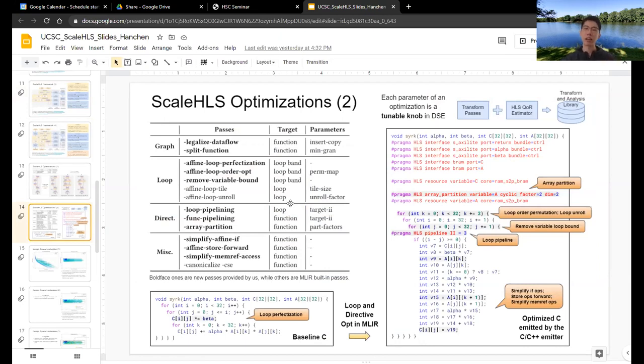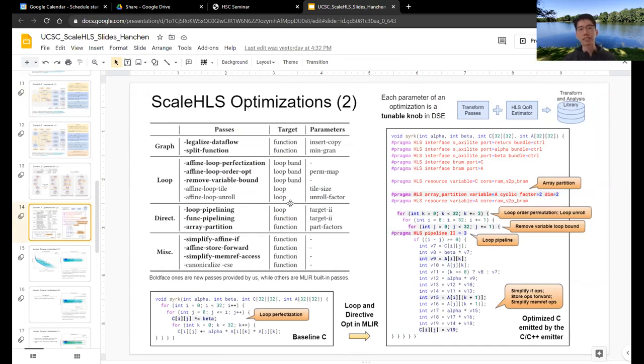But I would say, let's say we have another use case and we want to modify ScaleHLS to support a specific application, and for this application I want to develop my own loop level dialect to represent it. Then just do it, right?